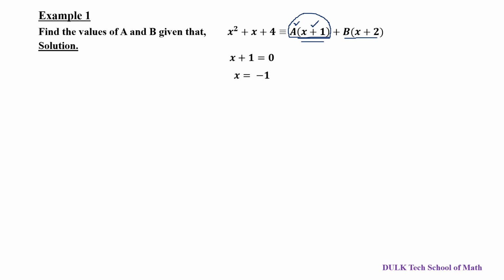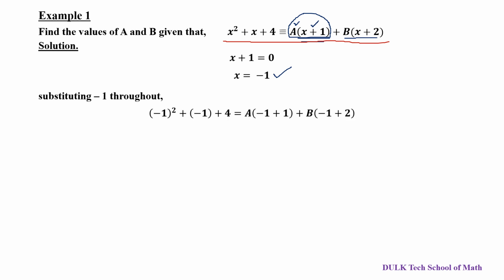Right, so if we equate this one to 0 and solve for x, we find out that x is equal to minus 1. Now we take this minus 1 and substitute it throughout in this original identity. Substituting minus 1 throughout, we find minus 1 squared plus minus 1 plus 4, that's the left hand side, which is equal to minus 1 plus 1 factor of a plus b factor of minus 1 plus 2.